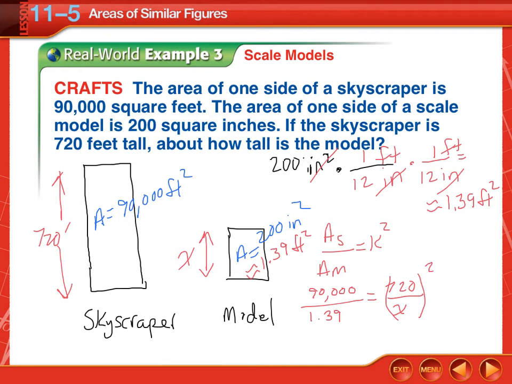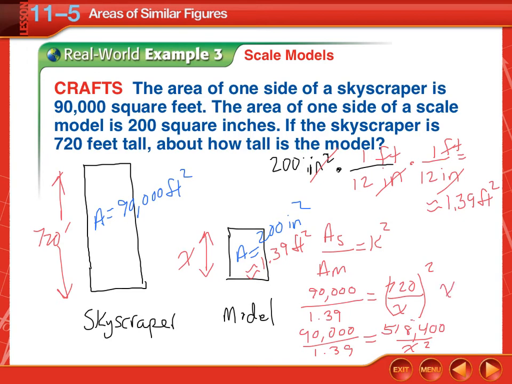And so if we take the square of 720 over x, we get 90,000 over 1.39 equals, and the square of 720 gets to be some big numbers here. That's a 5 by the way, here let me erase that. We have 518,400 over x squared.